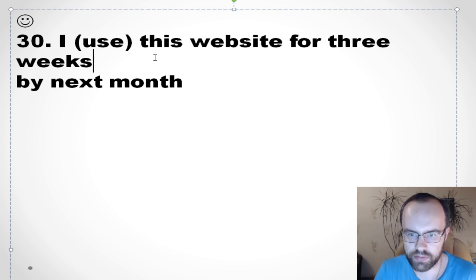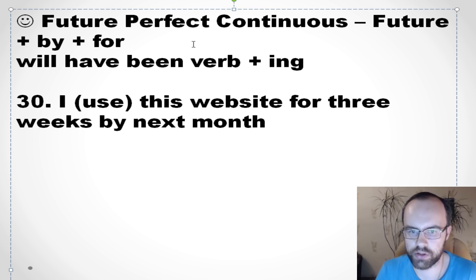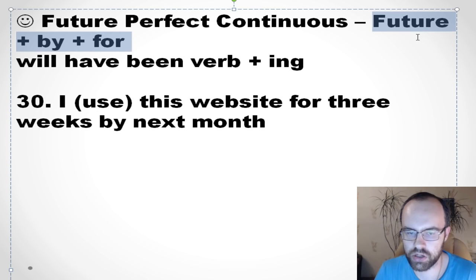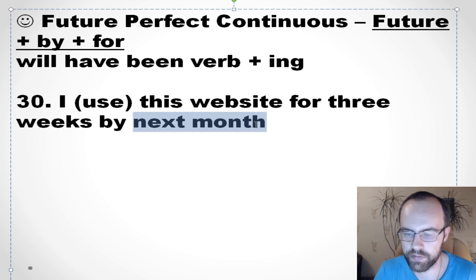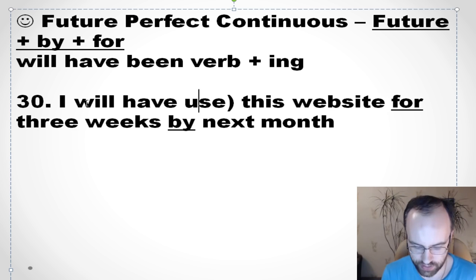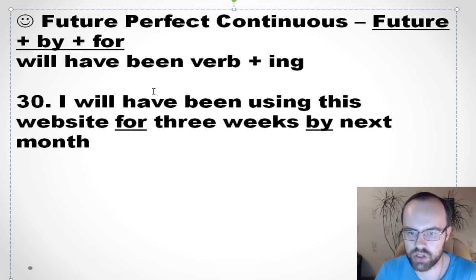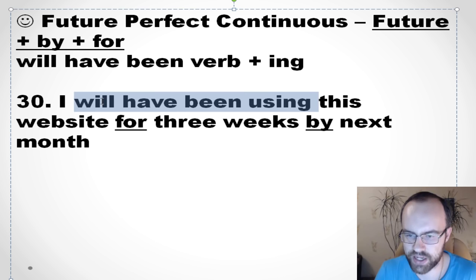I use this website for 3 weeks by next month. The idea of future perfect continuous is the following. If it's about the future and you have by and for, we see next month. So we have by, and we have for. So we need to say I will have been using this website for 3 weeks by next month.